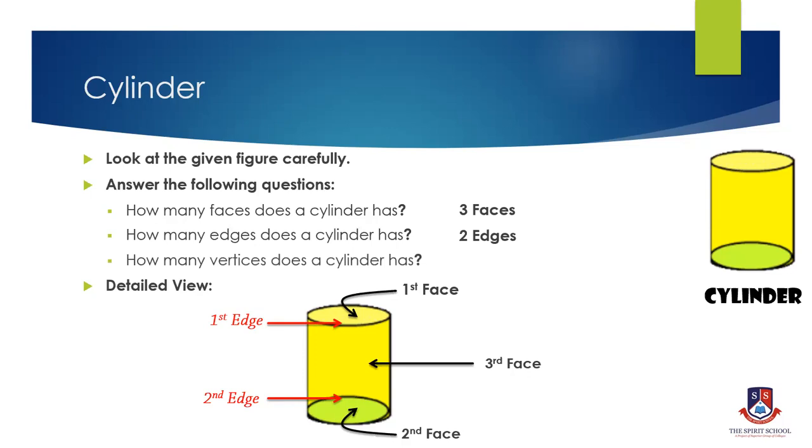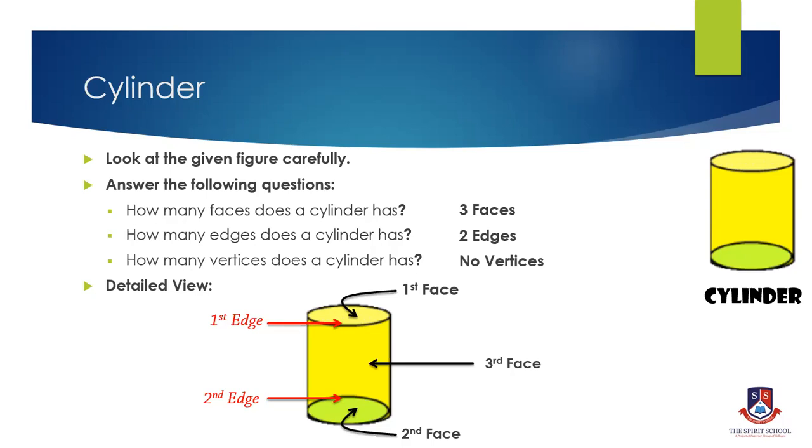I told you a vertex is formed when 3 edges meet each other, and as we can see, there are no points where 3 edges are meeting. So it means there are no vertices in a cylinder. I'm repeating the point. A vertex is formed when 3 edges meet each other to form a corner.